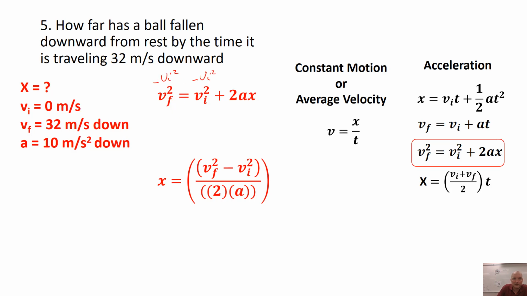And at that point in time, this is going to cancel out. So it would be VF squared minus VI squared equals 2AX. And now I want to divide out, because I'm solving for X. I'm going to divide out 2A from both sides. And then just a reminder, use a lot of parentheses, just in case you get lost in the order of operations. But that's how I get to this equation right down here.